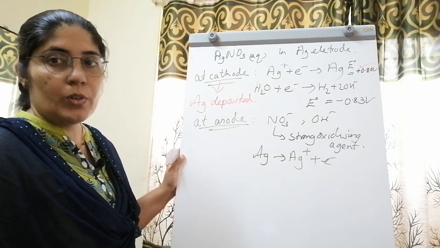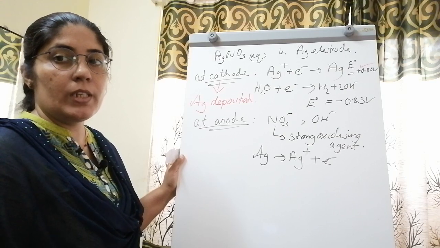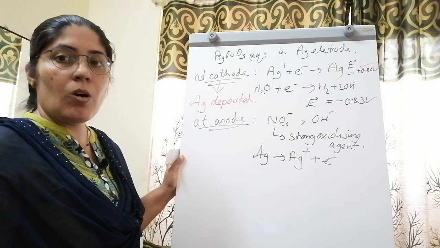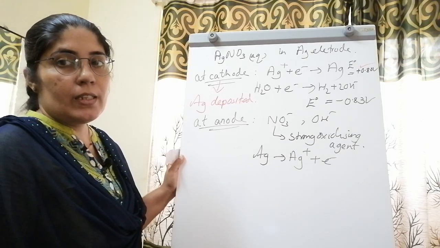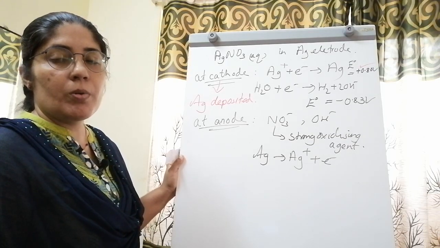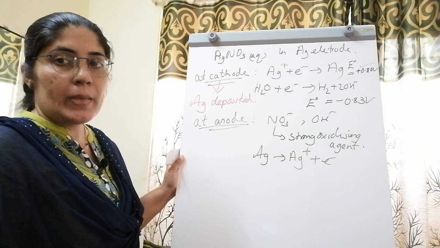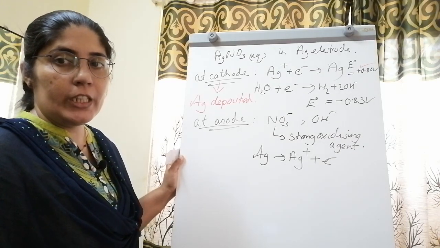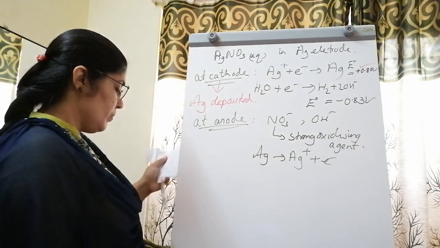One more example for you, that will be the final example for the day. Let's take the electrolysis of copper bromide in presence of inert electrodes.